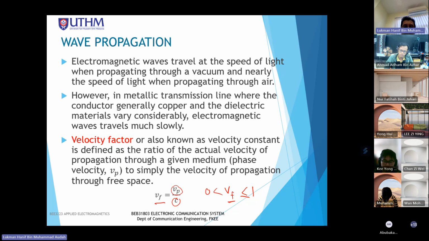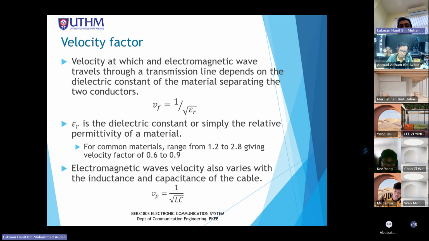So this is the first equation of Vf, velocity factor. The velocity factor value is more than 0 and less than or equal to 1. And the second equation to calculate the velocity factor is this one: Vf equal to 1 over square root of epsilon r.